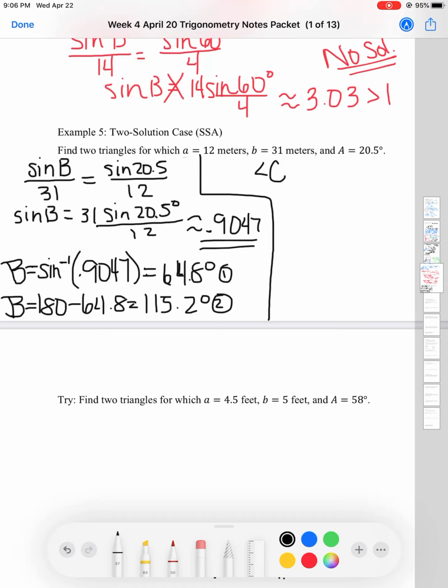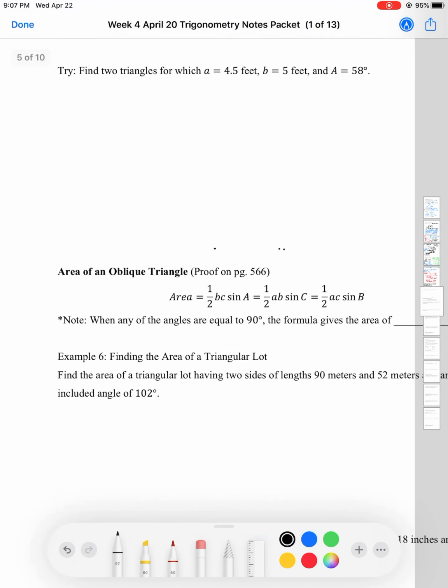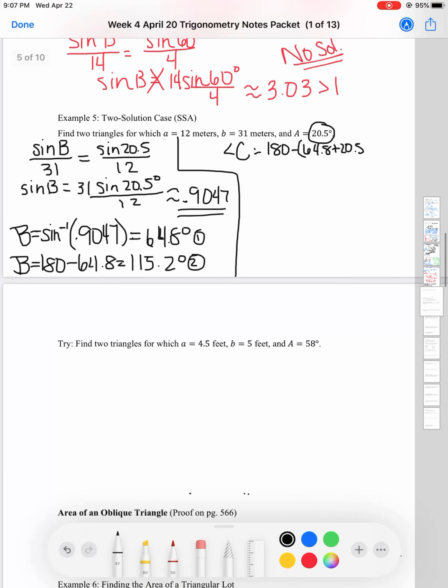So for angle C, when we're solving for side c and we use law of sines, we're always going to use angle A and not angle B. Okay, so for angle C, our first one is equal to 180 minus 64.8 degrees plus 20.5 degrees. Oh my goodness, I keep doing that, guys. I'm so sorry.